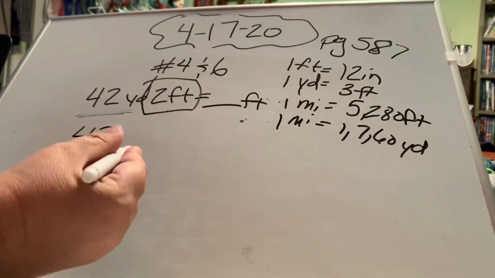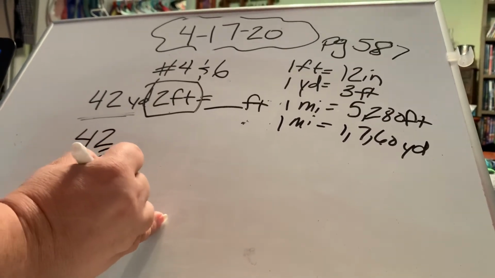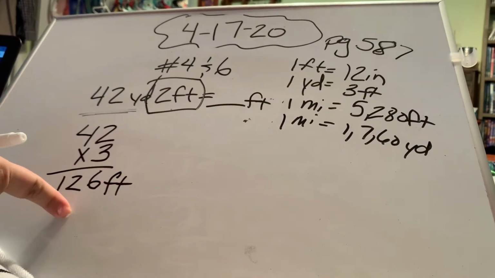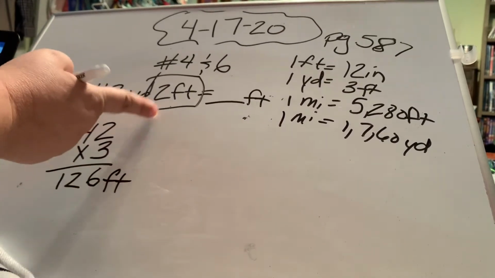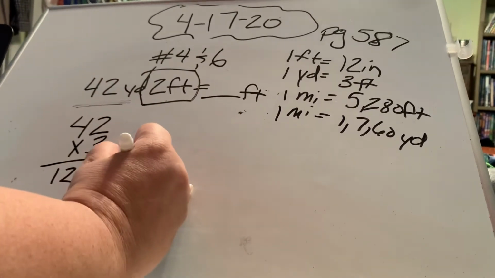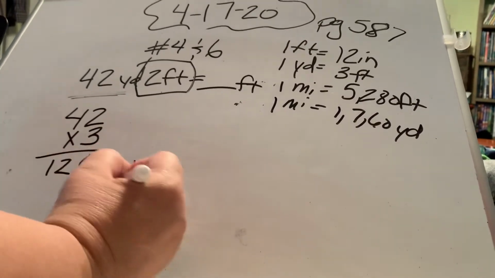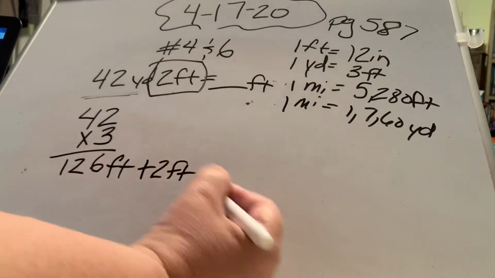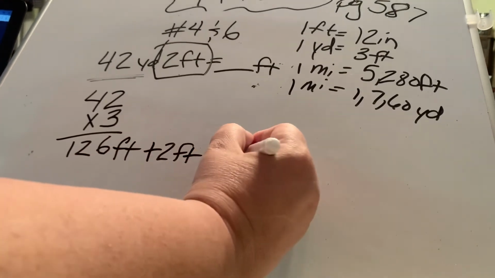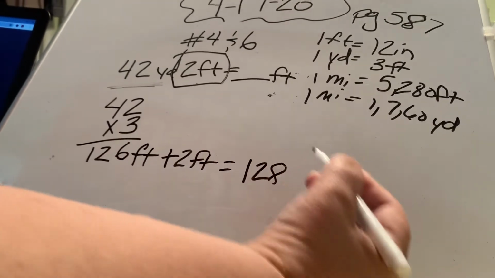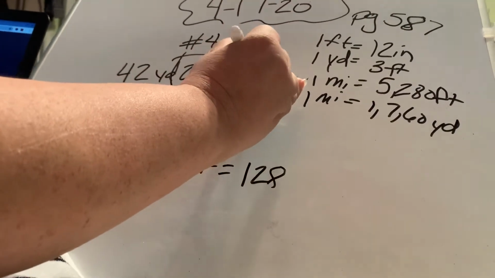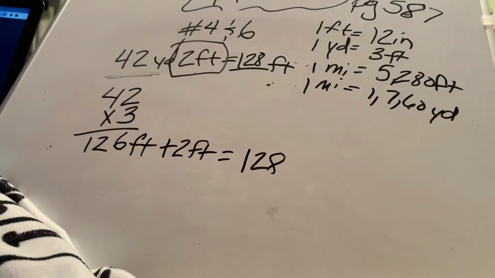So right now I have 126 feet. But don't forget, you also started off with 2 extra feet. You got to add them back on here. So 126 feet plus the 2 that we started with gives me 128. So for this one, you should have gotten 128 feet.